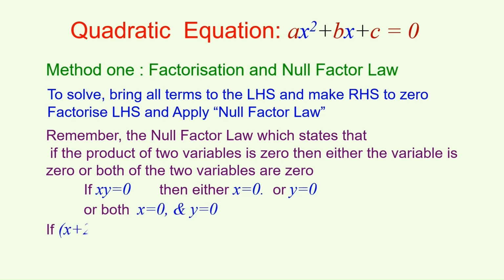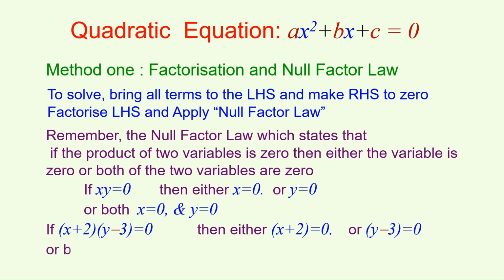If x plus 2 multiplied by y minus 3 equals 0, then either x plus 2 equals 0, or y minus 3 equals 0, or both x plus 2 equals 0 and y minus 3 equals 0.